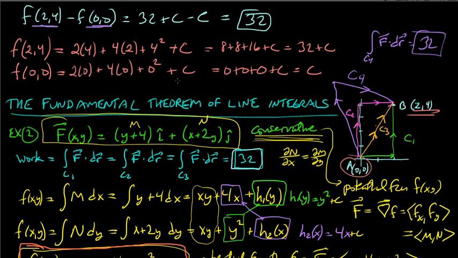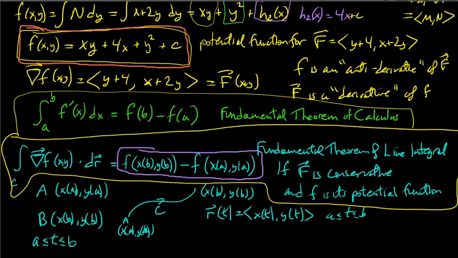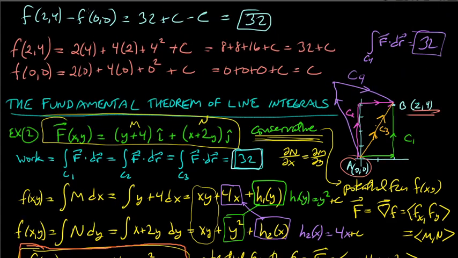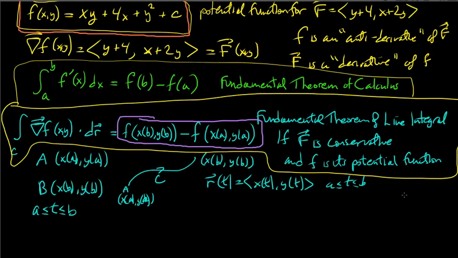When you plug them into the potential function, you just get your answer. So that's effectively the easiest way to evaluate the line integral. Find the potential function, and then plug in the endpoints. Plug in the initial point A and the final point B, and just subtract. In other words, apply the fundamental theorem of line integrals.